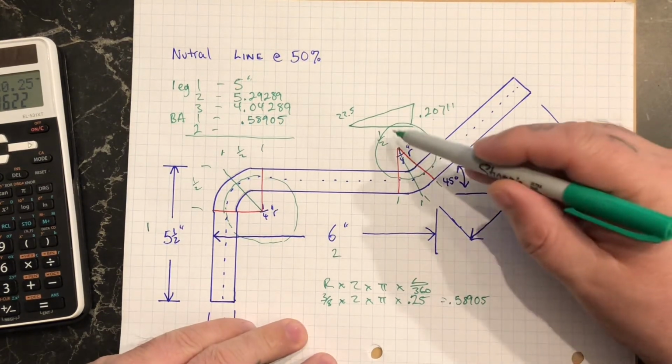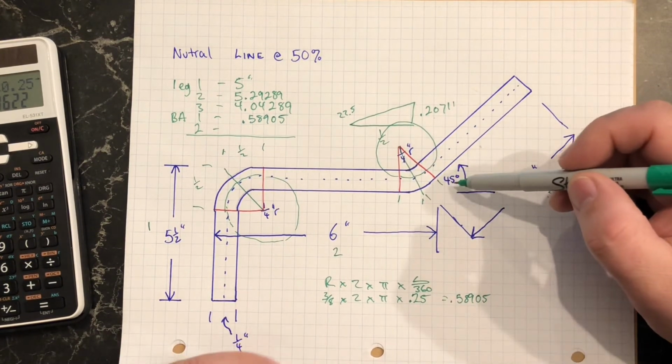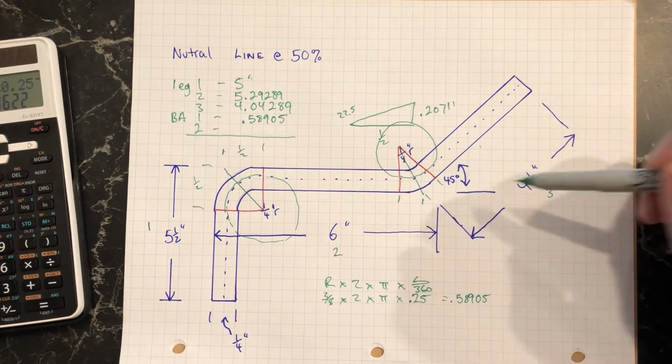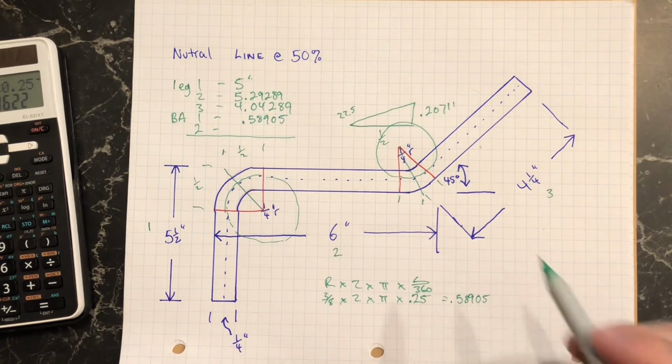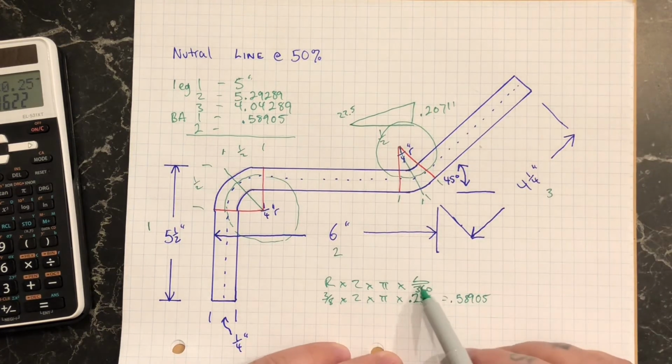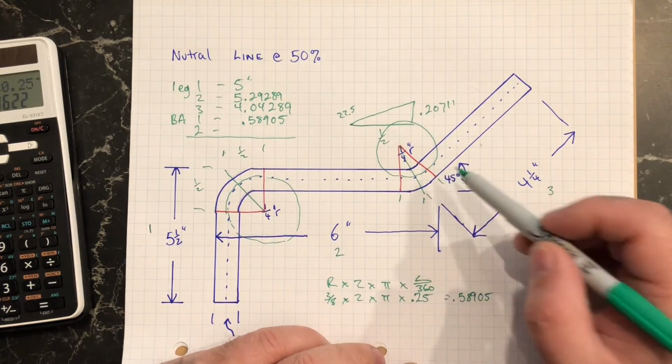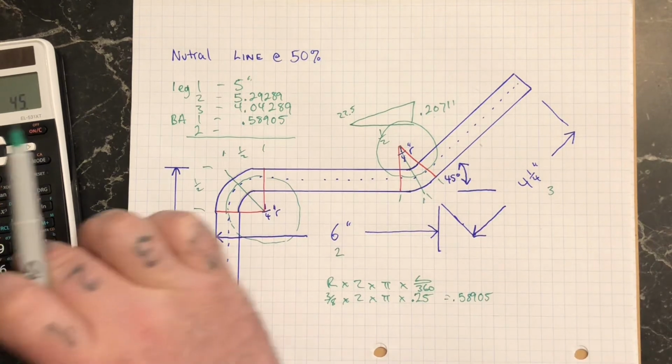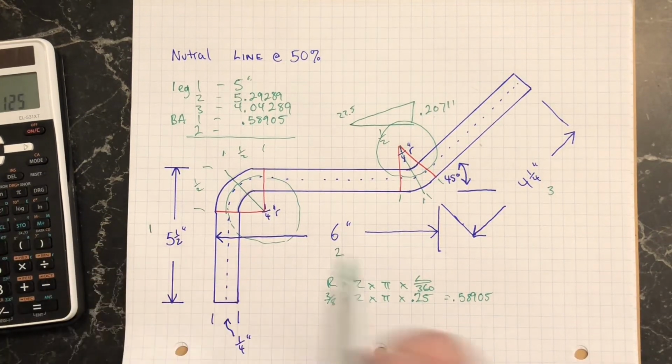Calculating this bend allowance now. It's a 45-degree angle. So it's the same formula, but everything's pretty much exactly the same other than the angle over 360. So this time we have 45. So 45 divided by 360 equals 0.125.